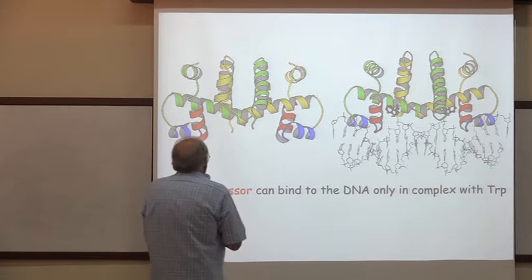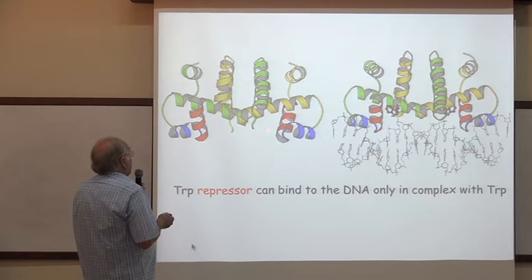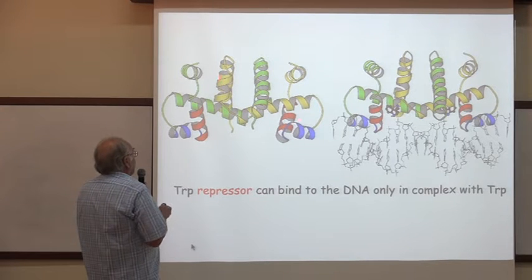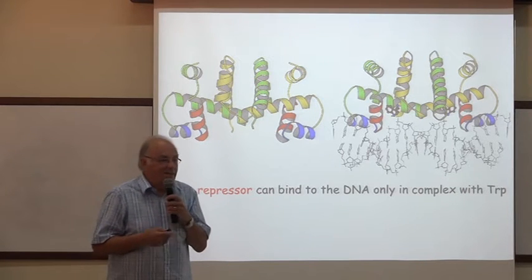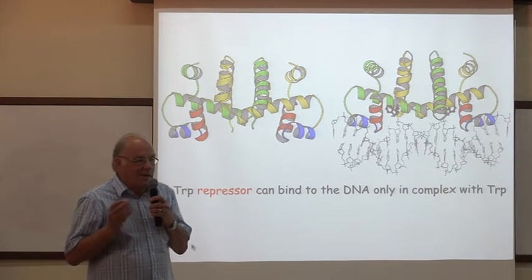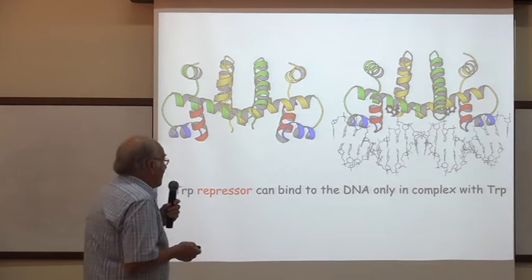So then this is the structure of the trp repressor without tryptophan bound. And in this case, it doesn't repress. It just sits around. It has the wrong conformation to bind to the gene.